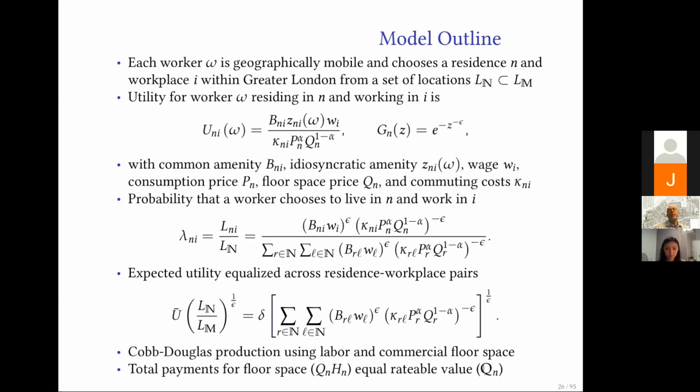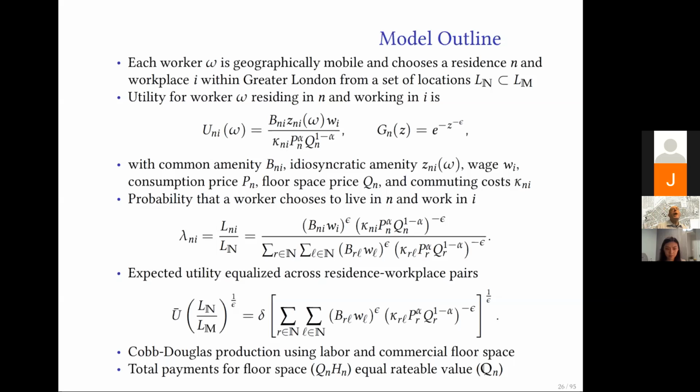I've modeled these commuting costs here in terms of utility, but in the particular model I've written down, utility is actually multiplicative in the wage. And so I could equivalently have modeled these commuting costs as being incurred in terms of time, the opportunity cost of time. If you're commuting, you can't be working and you can't be having leisure time.